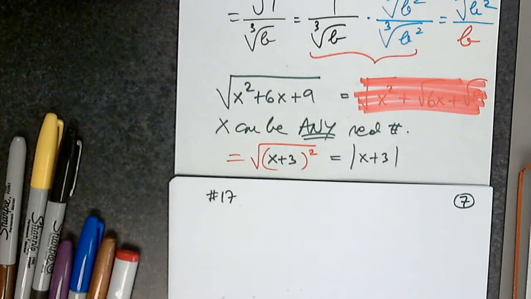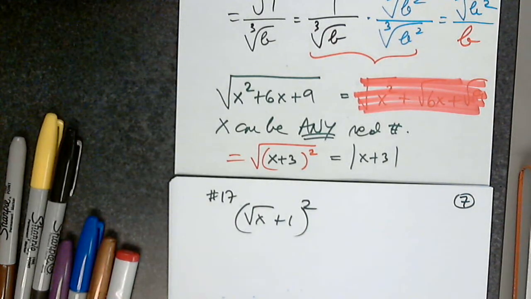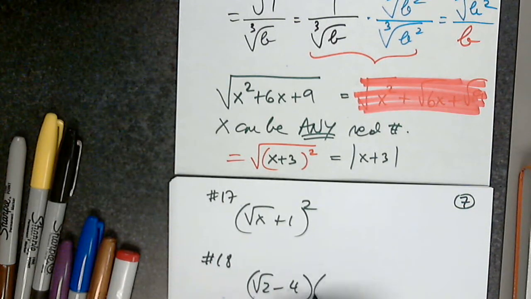In 17, we are told to square the square root of x plus 1. And then I would like to work on 18. Square root of 2 minus 4 multiplied by the square root of 3 plus 1. Okay. And then we'll look at another radical equation and complex numbers.